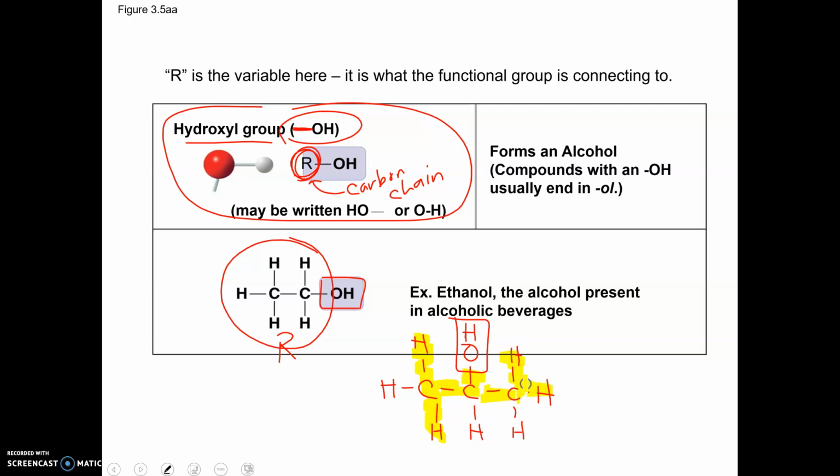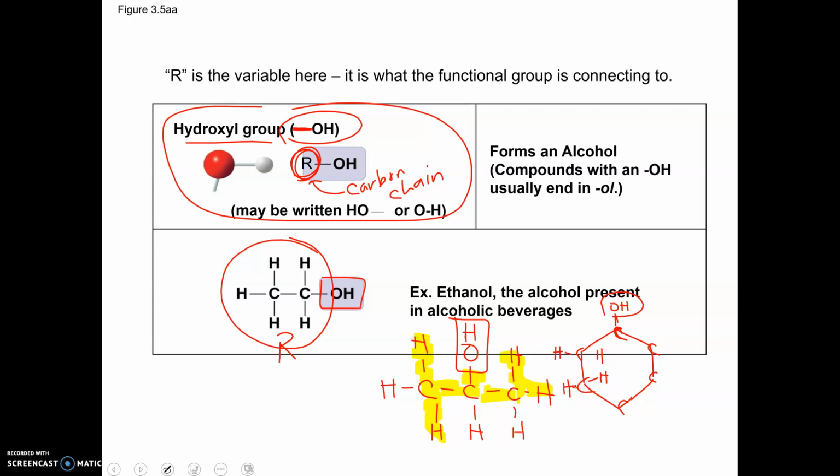So this is actually not part of the functional group, but this could be stuck on anything. And that's what I want to clarify with the R. You could also have a carbon ring like this, and these are all carbons, and stuck off here, an OH. That's a hydroxyl group connected to a carbon, in this case, a carbon ring. I'm not going to draw this out completely, we're going to run out of time. This would have hydrogens connected, but this would be a ring of carbons.